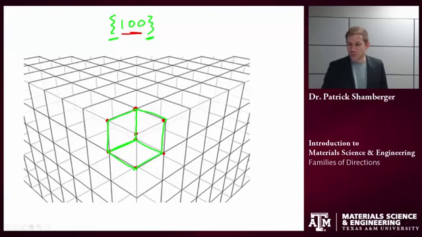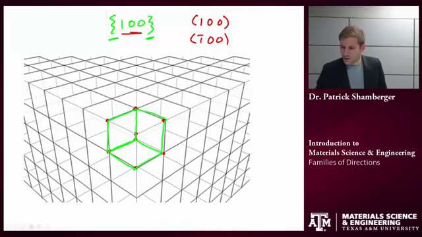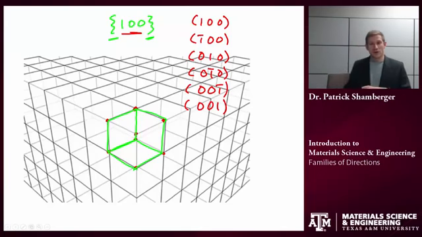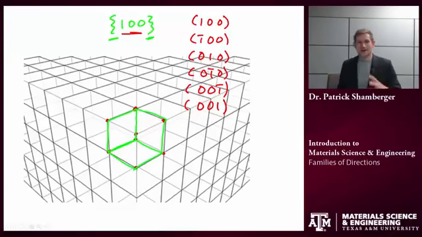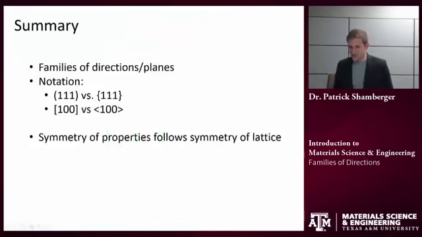So the 6 planes in the 1, 0, 0 family of planes would be the 6 that I can obtain just by reordering the arrangement of the indices and switching any of them from positive to negative. That's a shortcut, but that only works for cubic systems.